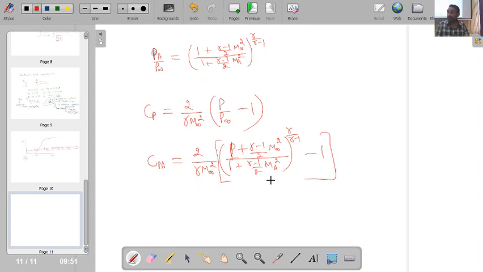Now if I take the special case that the free stream Mach number is equal to critical Mach number, so if my M infinity is equal to M critical, then corresponding to that, what will be the value of MA?